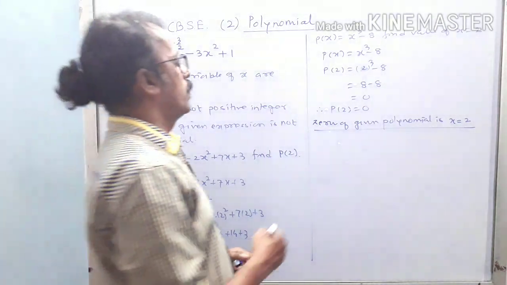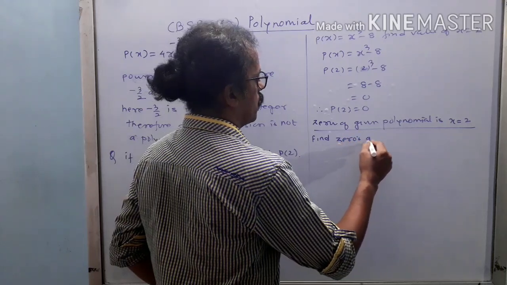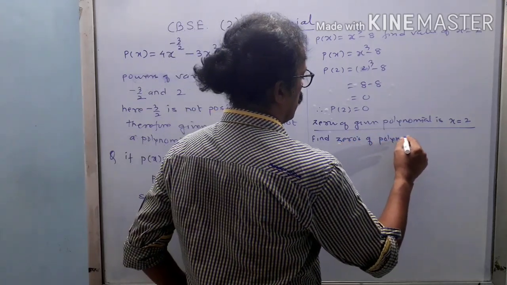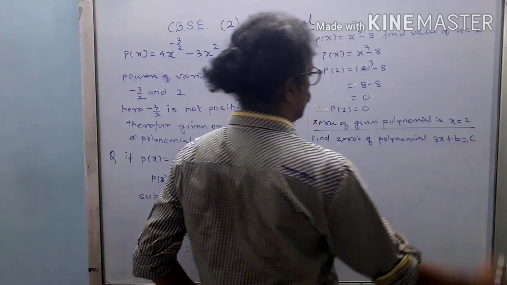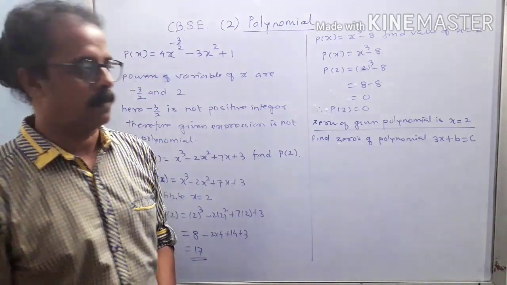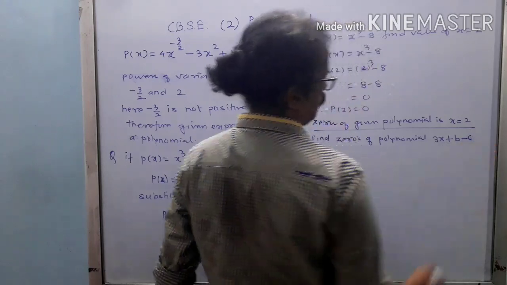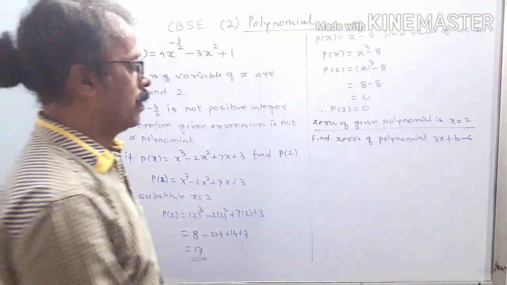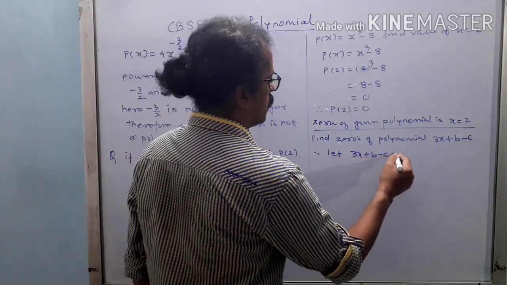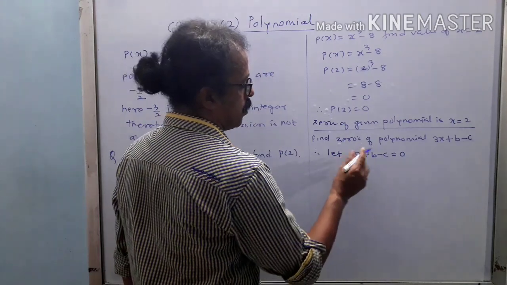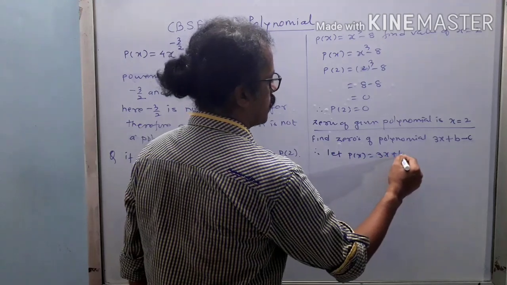Okay. Now they could ask you a question like this: find the zeros of the polynomial 3x plus b minus c. Any expression they could give you, right? So suppose I give you 3x plus b minus c, we start by writing this as p of x is equal to 3x plus b minus c.